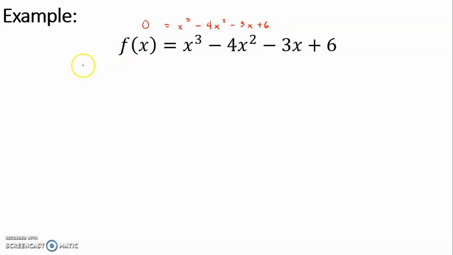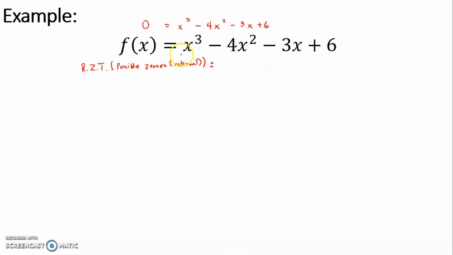So we have to use the rational root theorem, or in this case, since we're talking about a polynomial function, the rational zero theorem, to get the possible rational zeros of this particular function. So what are those?